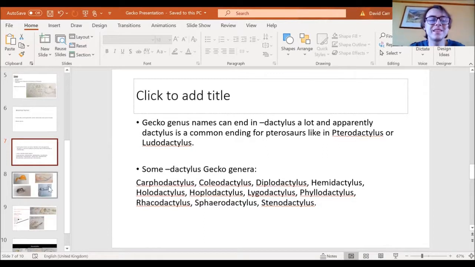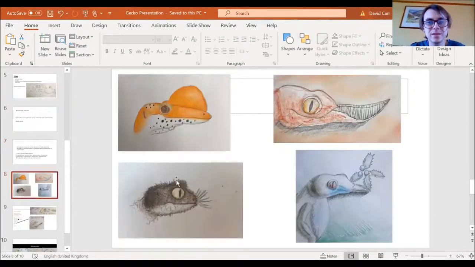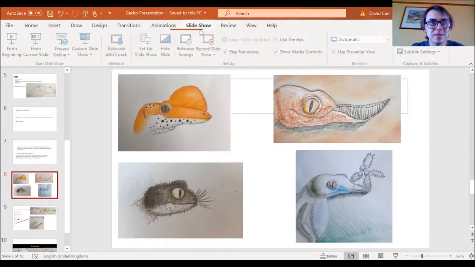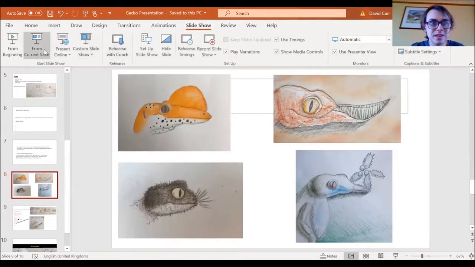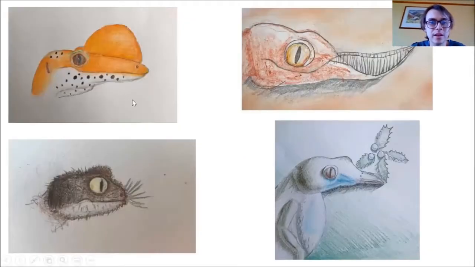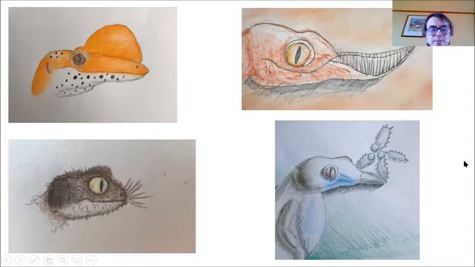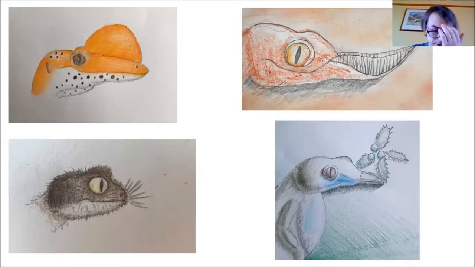So basically that's interesting, because I did a speculative evolution project, Spec-o-Tacular, and I'll just put this in full screen so you can see it a bit better. Yeah, so I did a project on geckos evolving.